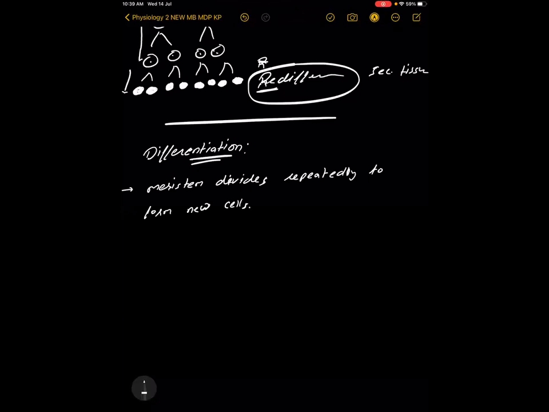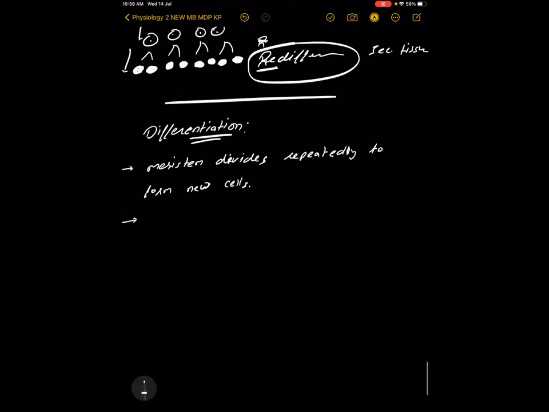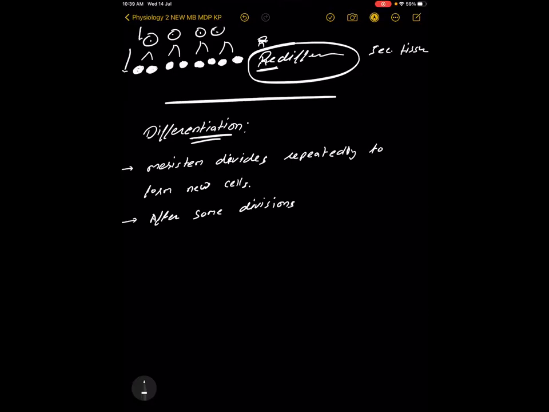Okay, it divides and forms new cells. After some divisions or some mitosis, the cell forms this.